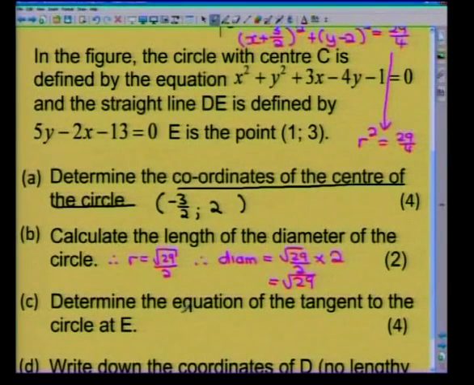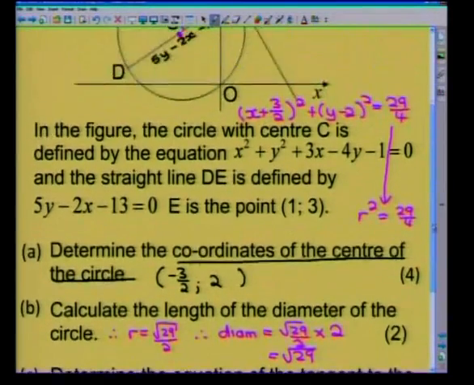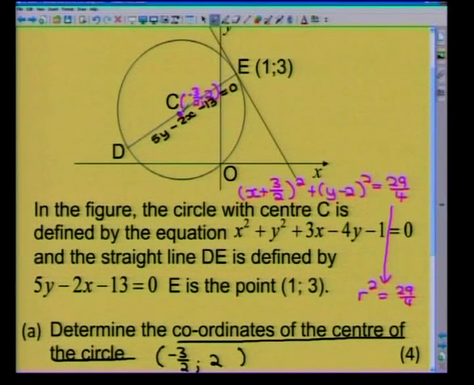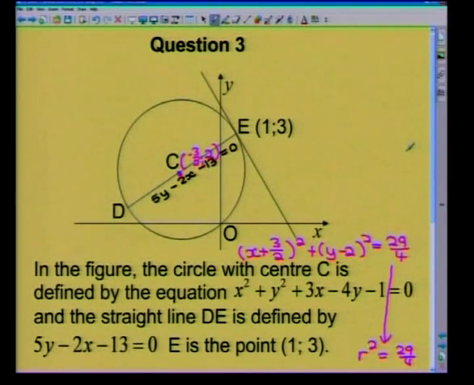It now says, determine the equation of the tangent. Now, we definitely need to know that, so let's go up there and see what we know. We could work out the gradient of this radius just using those 2 points. But you agree with me that we've actually got another way we can find that gradient. We know that the diameter is perpendicular to the tangent. And we know the equation of that diameter. They gave it to me right in the beginning.